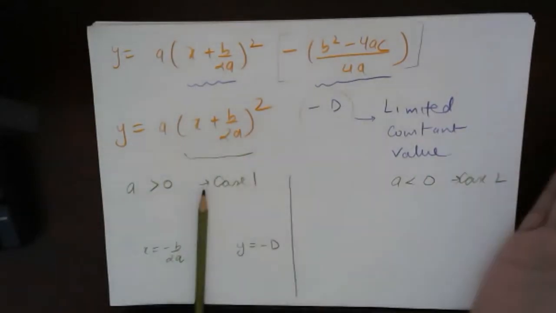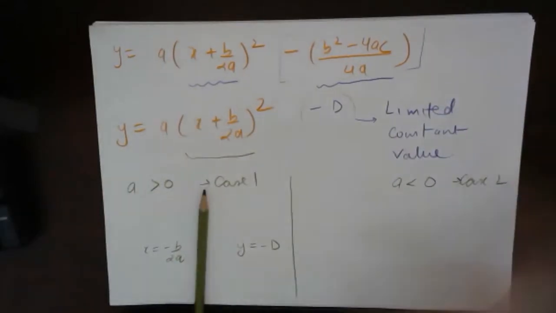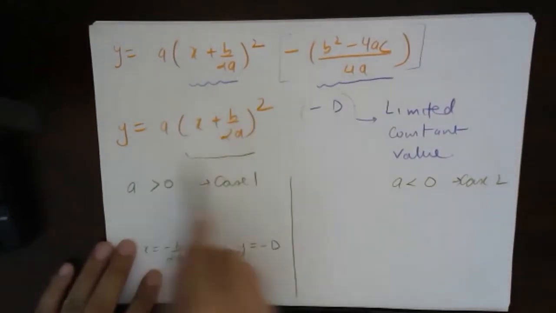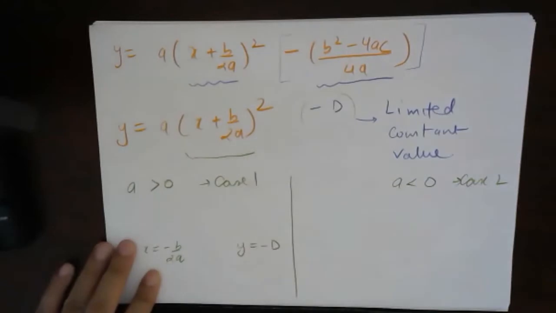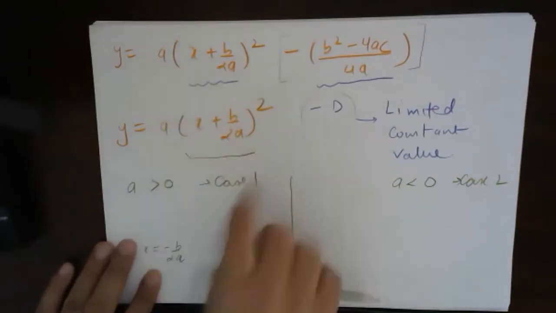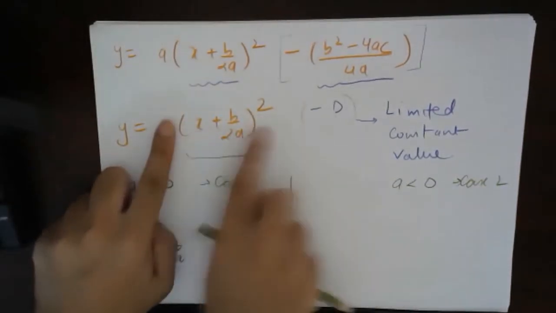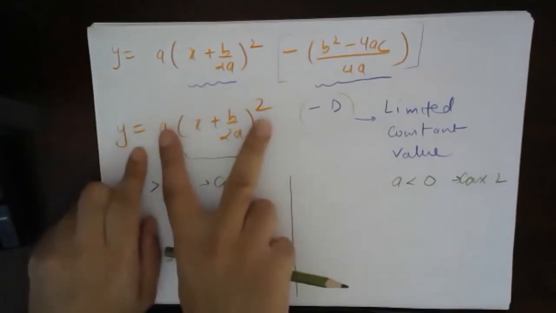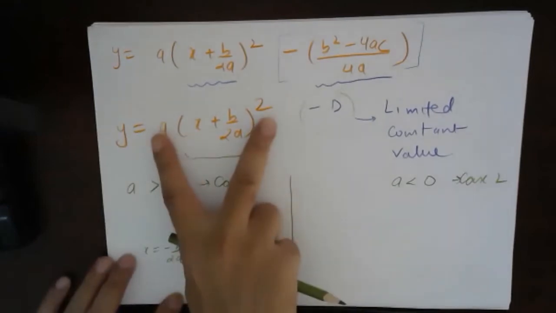Okay. Now suppose x is equal to minus b by 2a is the center. Now if I move on to the right, what will the sign of this total thing be? This is a square, so this will be positive into a positive value, so the total sign is positive.